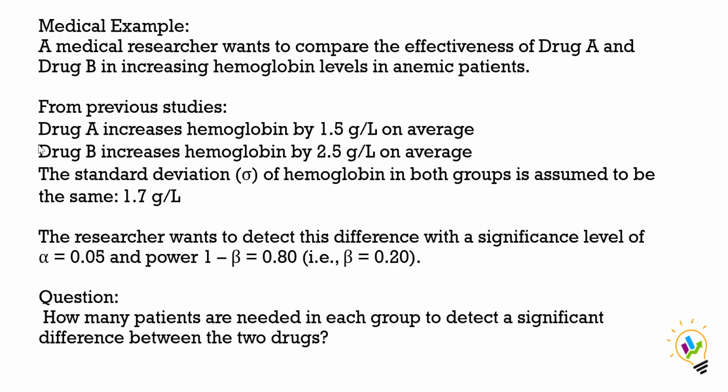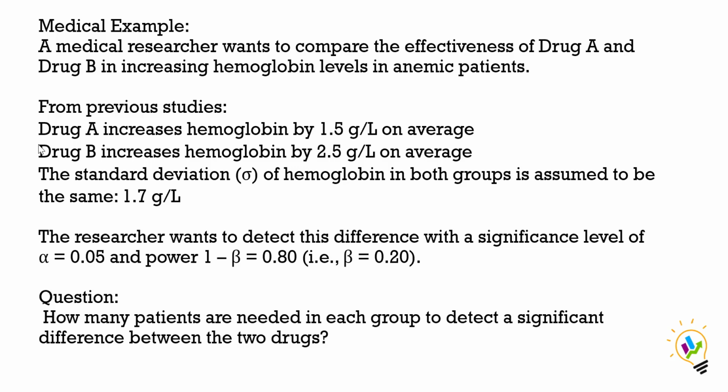A medical researcher wants to compare the effectiveness of drug A and drug B in increasing hemoglobin level in anemic patients. From previous study, drug A increases hemoglobin by 1.5 grams per liter on average. Drug B increases hemoglobin by 2.5 grams per liter on average.